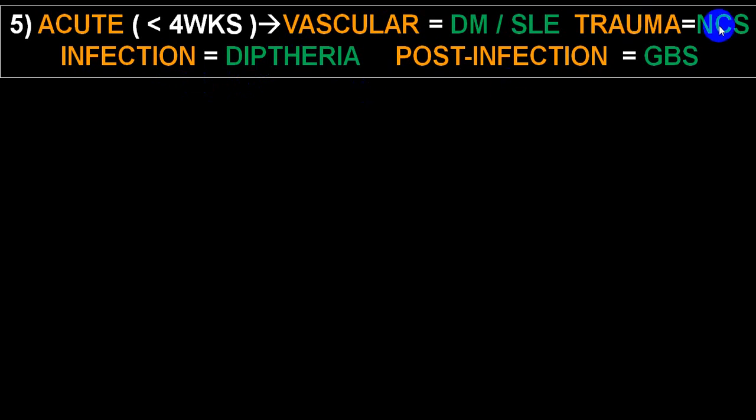Traumatic, very common. Nerve compression syndrome, very common. Infections, particularly diphtheria, quite common. And post-infection, which is the autoimmune variety, we call GBS.